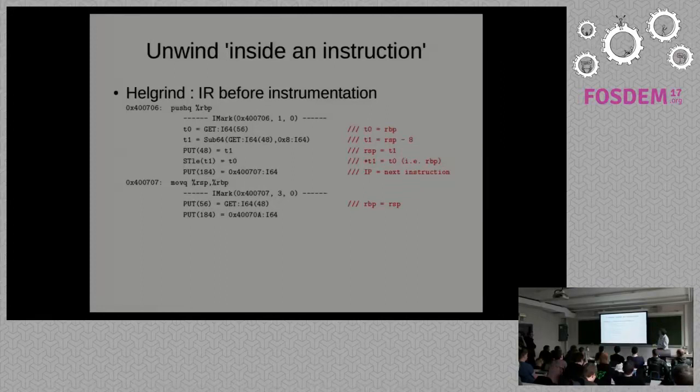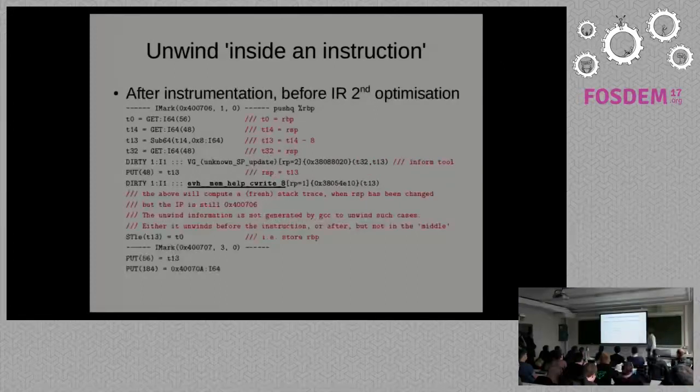So this is before instrumentation. After instrumentation, each write might have additional calls to help us which have to do an unwind. So this thing we have to unwind, compute a fresh stack trace maybe if it was not invalidated.